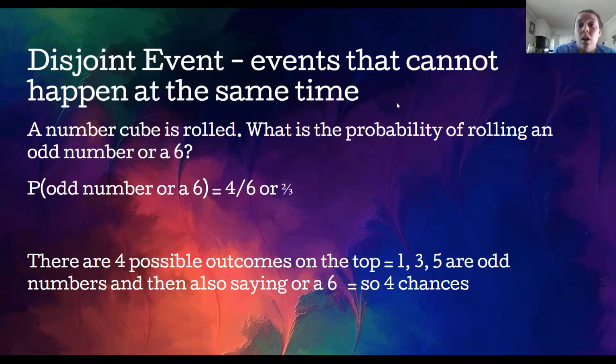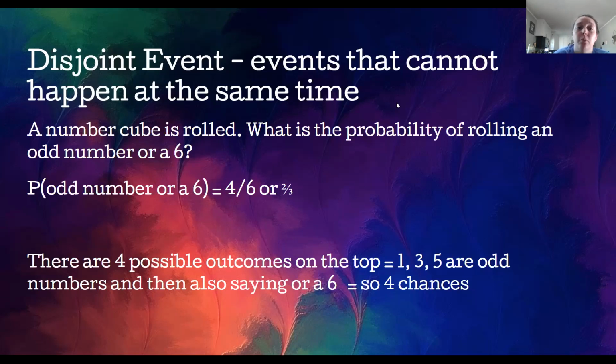If I'm rolling a number cube, which is the question in here, I can only roll one number. I can't roll a 6 and an odd number at the same time, or a 6 and an even number, or a 1 and an even number. So those are things that can't happen at the same time, which is why it is called a disjoint event, and this is kind of why that's an example of that.